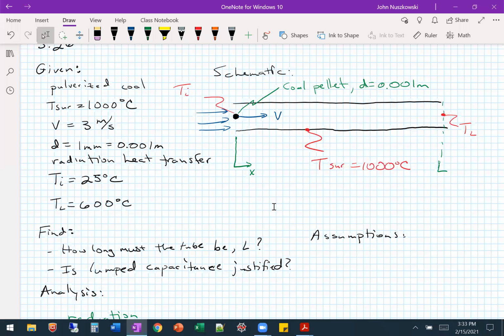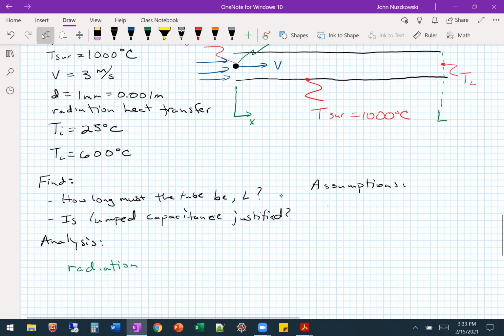We could always check this if we knew the convection coefficient, or later on we can solve for the convection coefficient in a problem like this. So we're really going to be neglecting convection. The fact that they didn't give you a coefficient, coupled with saying heated by radiation, is kind of the book's way of giving you that.